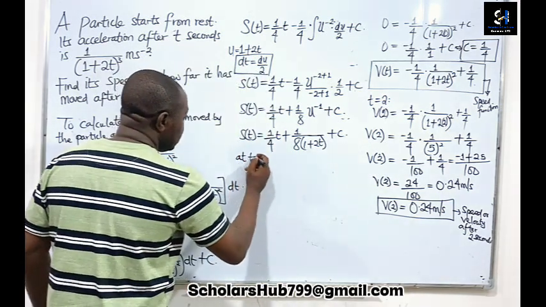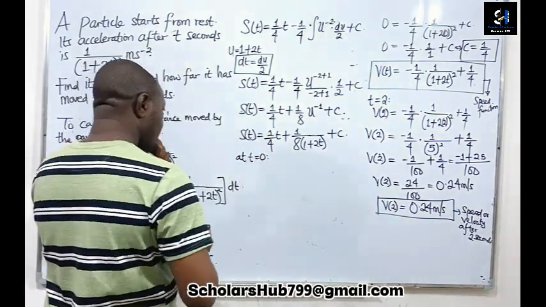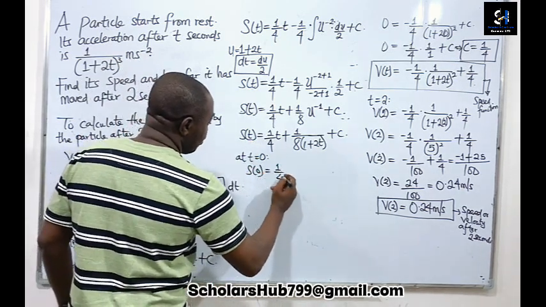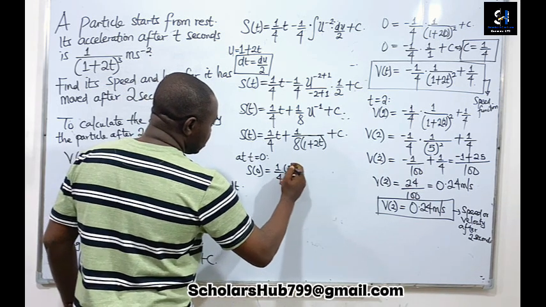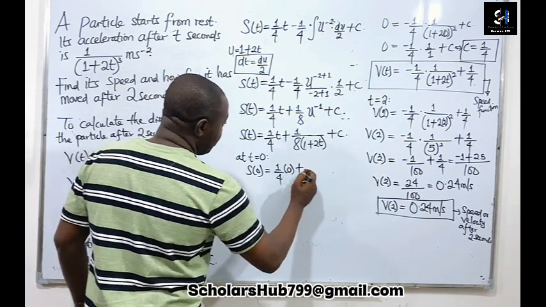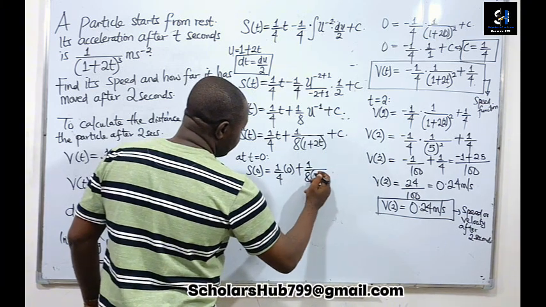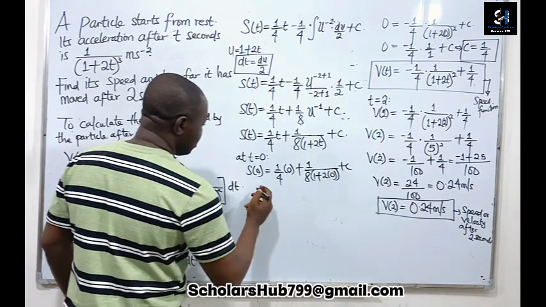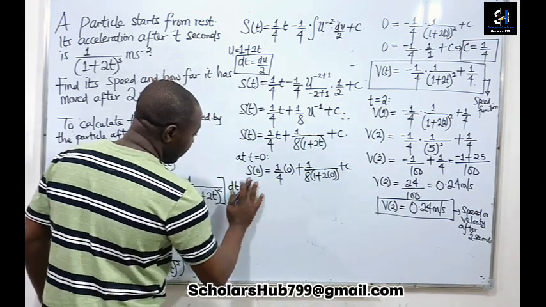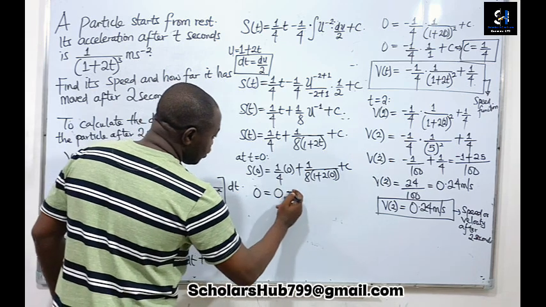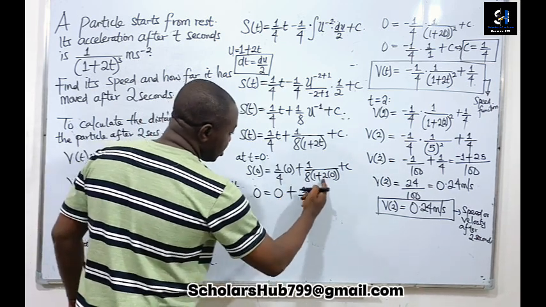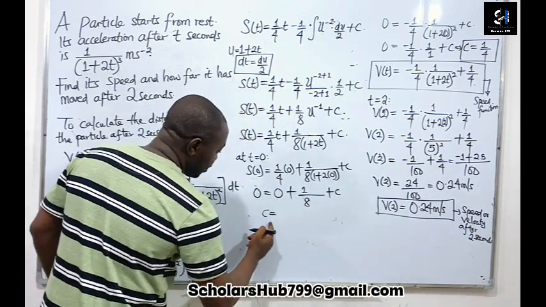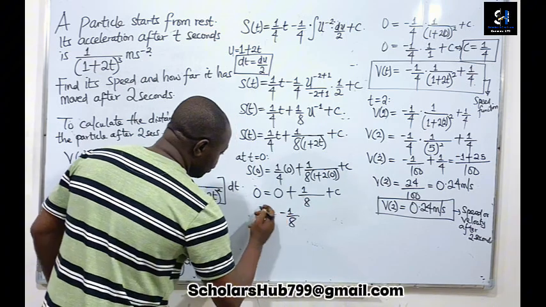So at t equals 0, s0 will be equal to 1/4 times 0 plus 1/8 (1 + 2 times 0), plus c. The distance is 0, so this is 0 plus 1/8, which is 1/8 plus c. So c will be equal to minus 1/8.